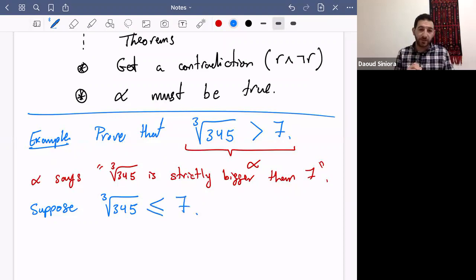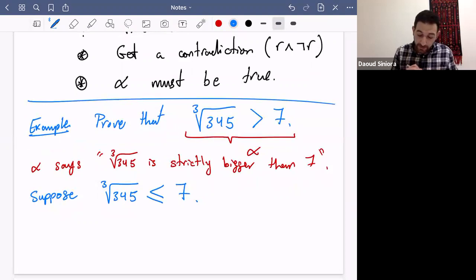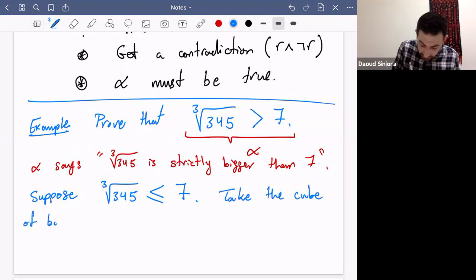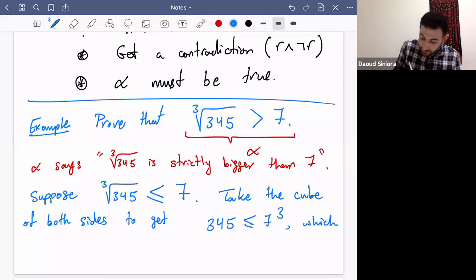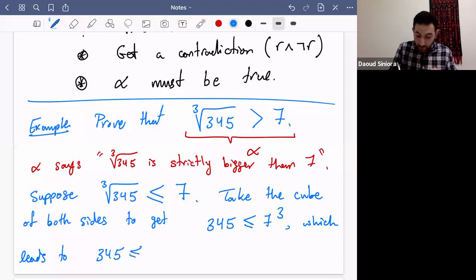Okay, so suppose this. Now we can take the cube of both sides of the inequality to get that 345 is less than or equal to 7 cubed, which leads to 345 is less than or equal to 343, since 7 cubed is 343, and clearly this is a contradiction.